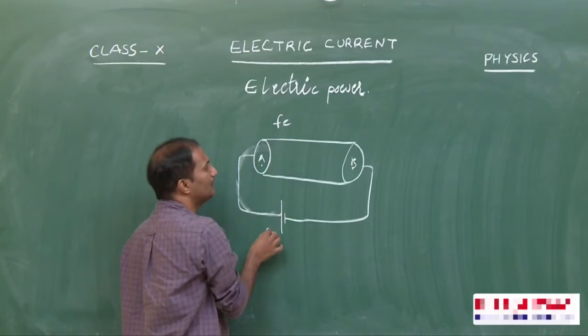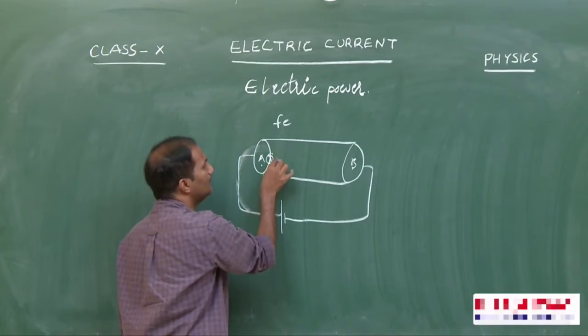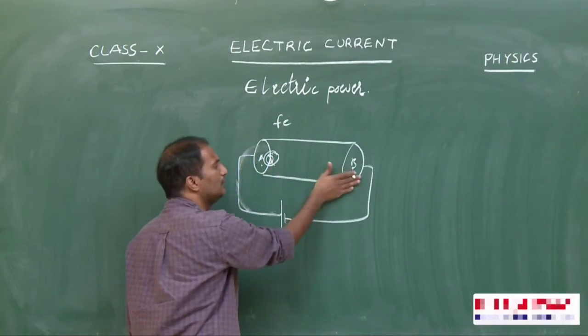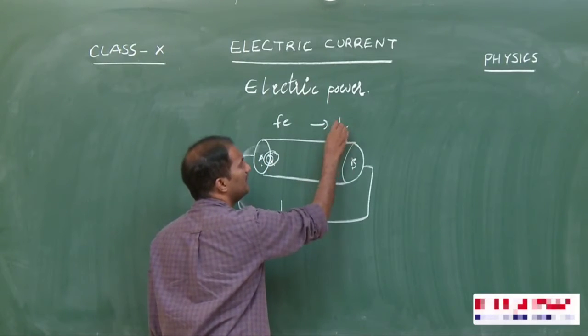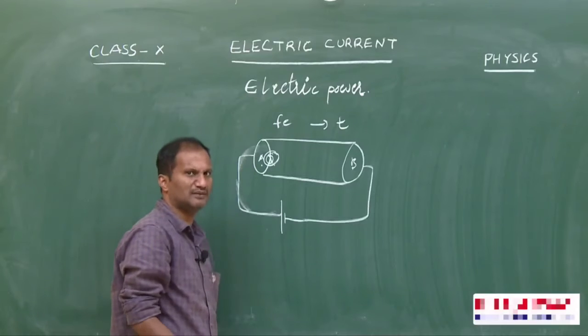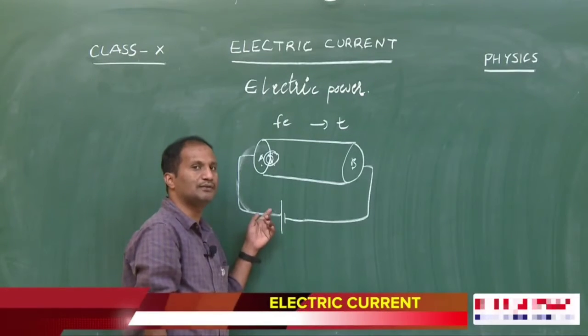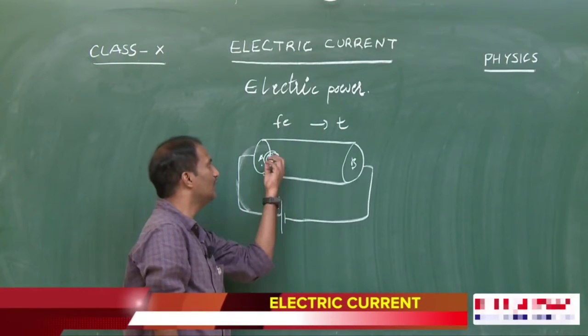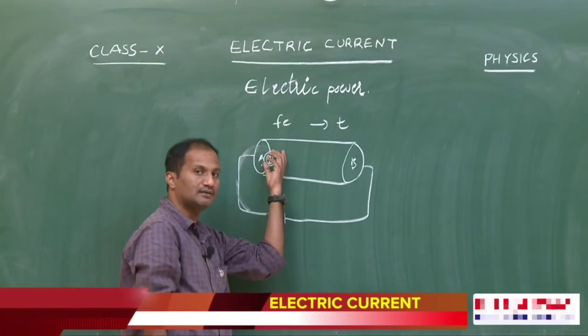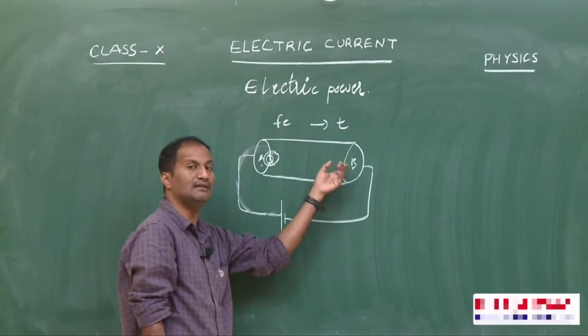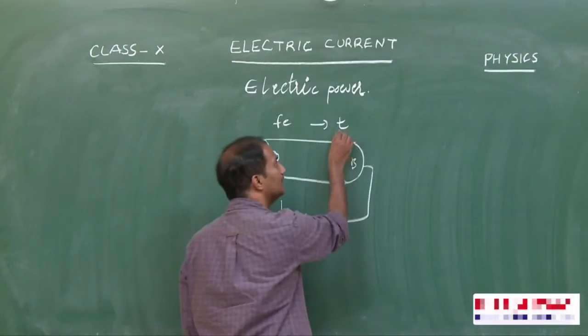Because of this force, let a charge Q travel from A to B in a time period T. Clear once again? This electric field applies a force Fe on a charge Q. Because of this force, the charge carriers travel from A to B in a time period of T.